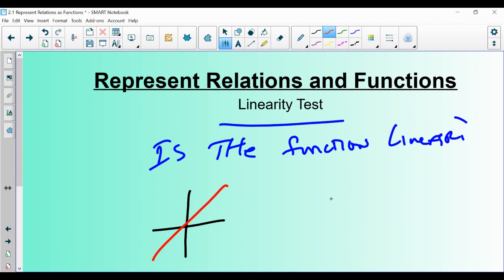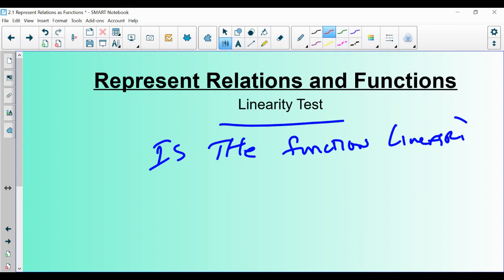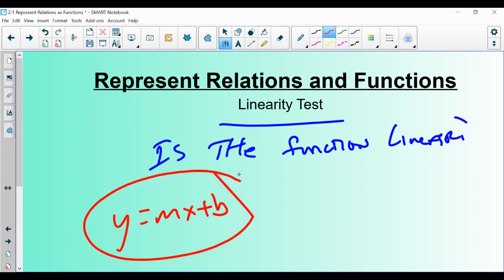Or does it make a U or a V or a step or different things, okay? When I graph it, does it make a line? And so here's things that you should know that do make a line. If it can look like y equals mx plus b, this is the traditional way to write equations of lines. Y equals mx plus b.